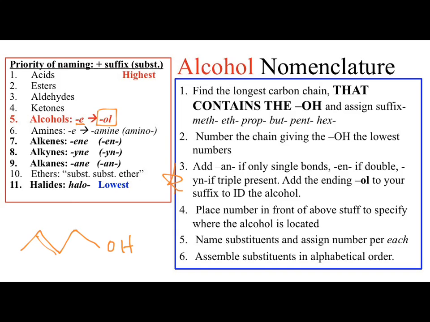Okay, still 4 carbons, so we would go with, what's our name? Bute. What functional groups do we have? We have an ene. We do have the ane, but the ene will supersede the ane name. So we can include the fact that we have a double bond in there.